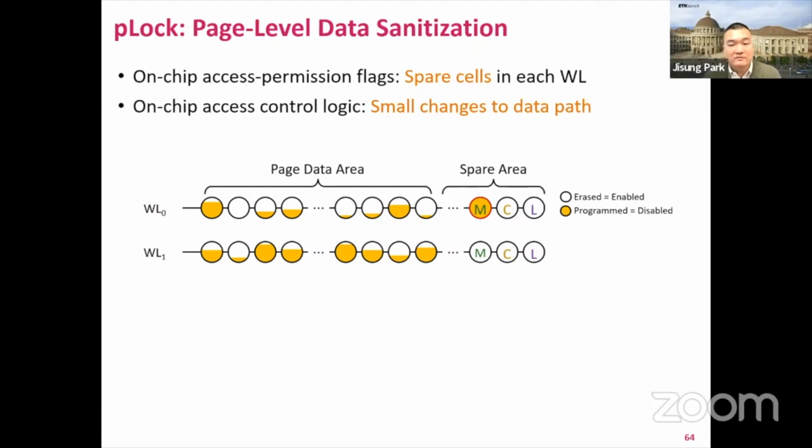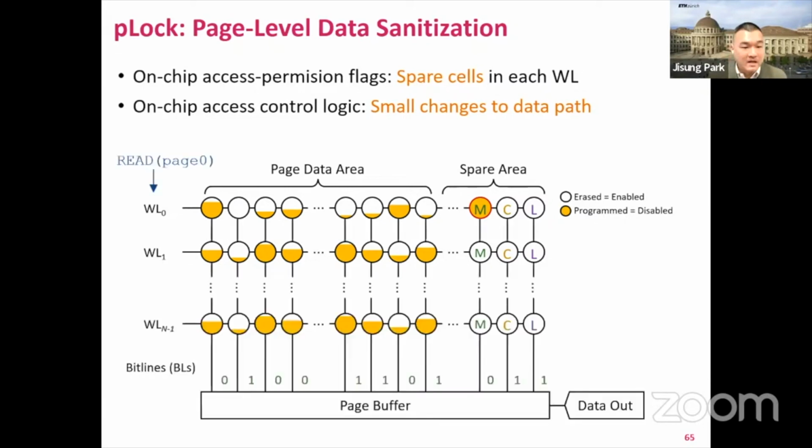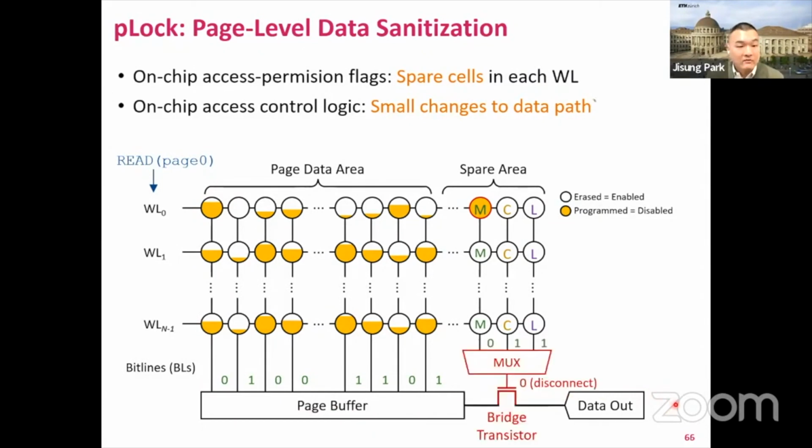The remaining problem is to implement on-chip access control logic at low cost. We address this by slightly changing the data path of NAND flash memory. In NAND flash memory, the stored data is first read to the page buffer through the bit lines and transferred out of the chip byte by byte through the data-out circuitry. We slightly change this data path by adding a multiplexer and bridge transistor, which changes the connectivity between the page buffer and data-out circuitry depending on the read page's access permission flag.